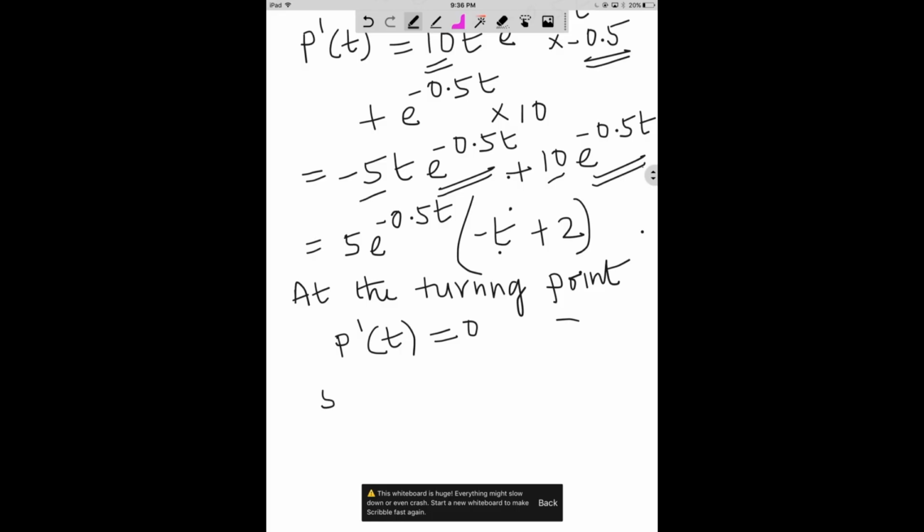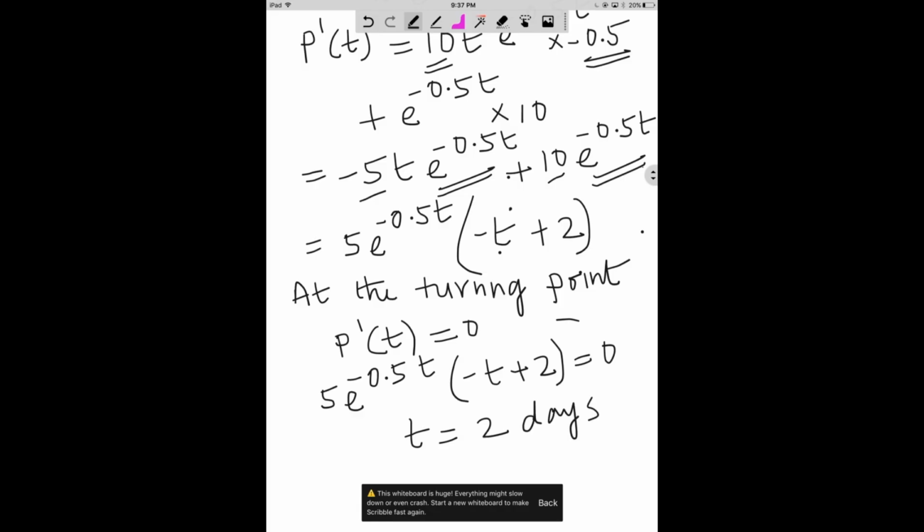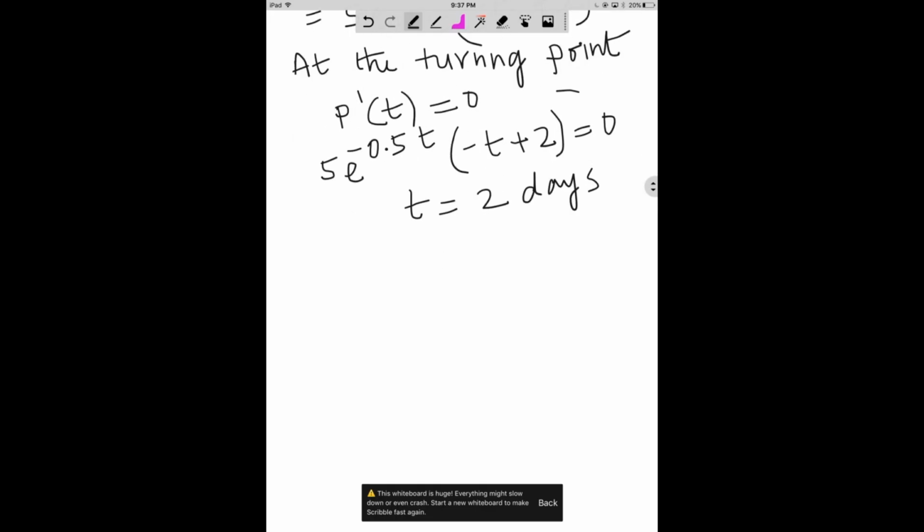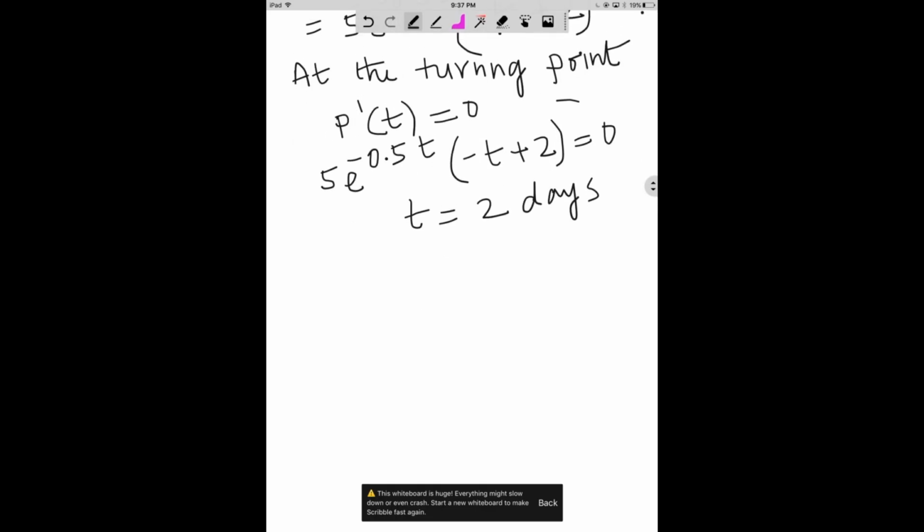That is 5 e raised to negative 0.5t times negative t plus 2 equals 0. The other factor is never equal to 0, that is, 5 e raised to negative 0.5t is not equal to 0. So negative t plus 2 is equal to 0. So t is equal to 2 days.